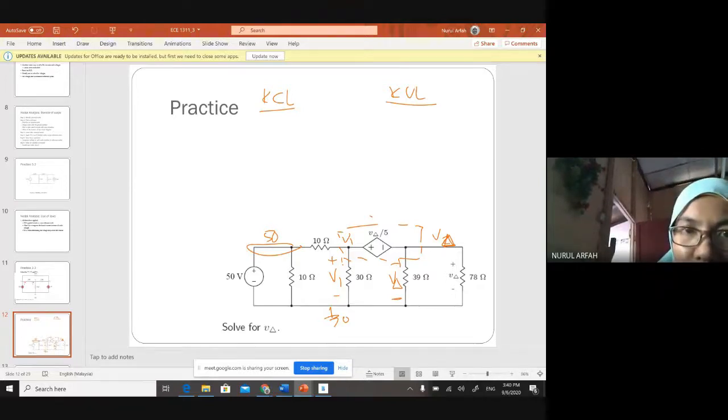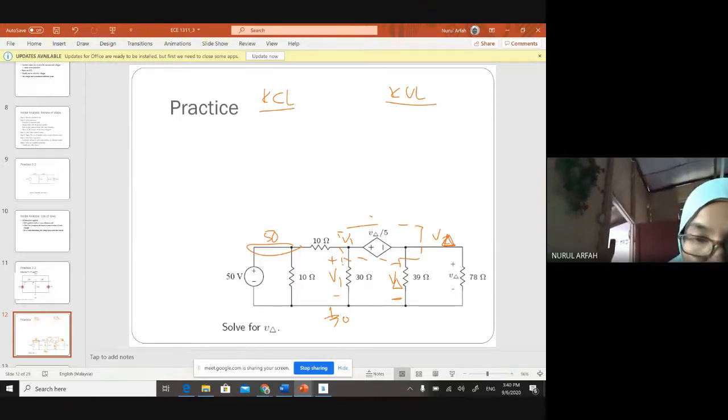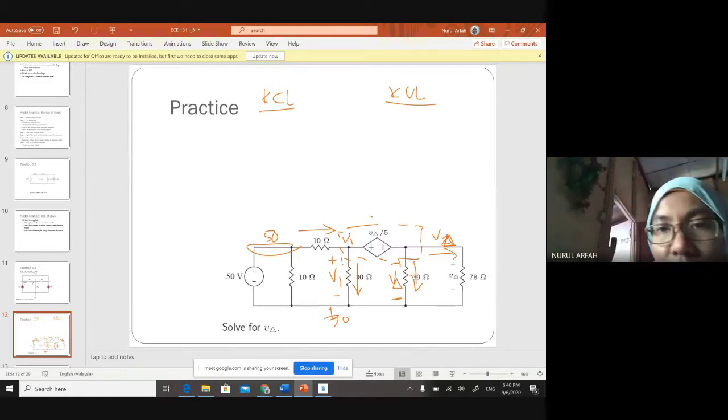So for KVL, and for KCL, you need to figure out the current direction. But for KVL, you need to do the loops.